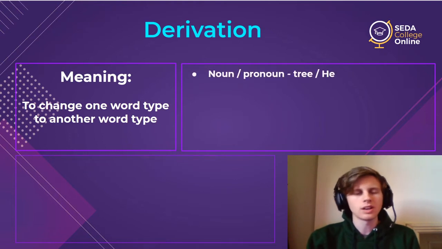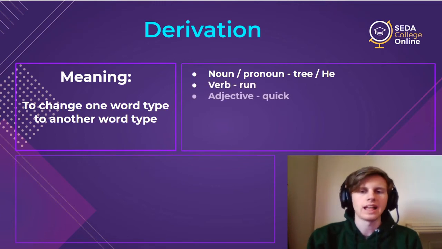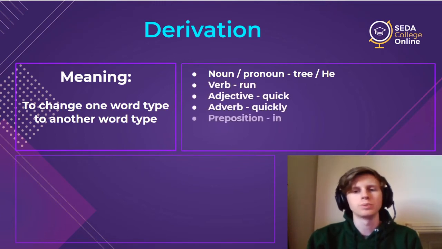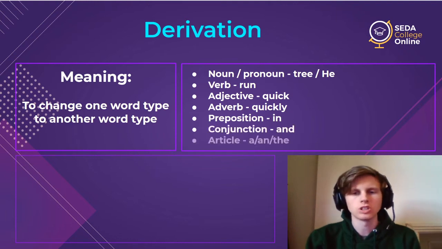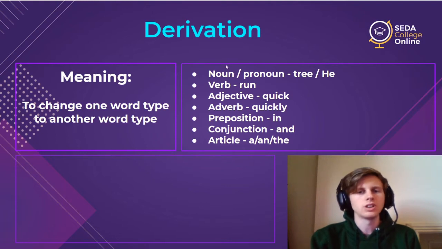Just to help show what I mean by word type, I'm talking about things like nouns, pronouns, verbs, adjectives, adverbs, prepositions, conjunctions, articles. These are the traditional categories of word type. Derivation is when I take a noun and turn it into an adjective, or I take an adjective and make it a verb, or I make a verb into an adverb.